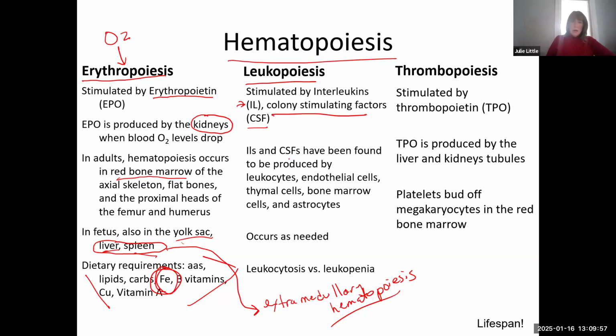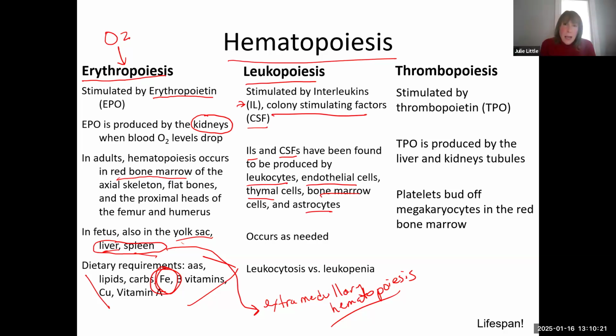So interleukins and colony stimulating factors stimulate different types of white blood cells to be produced, but they're produced by leukocytes themselves, by endothelial cells, which are the simple squamous cells lining the blood vessels, thymus cells, bone marrow cells, and even astrocytes.